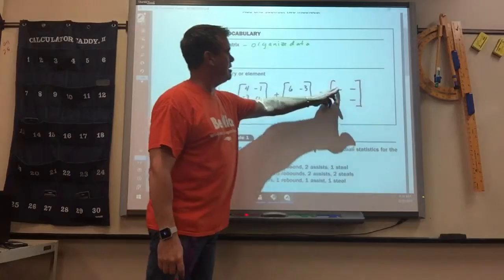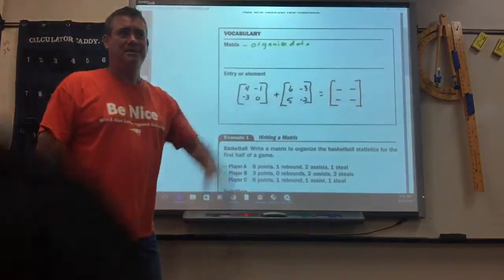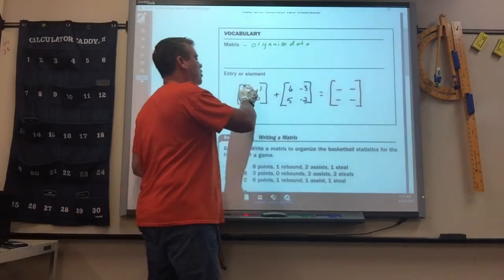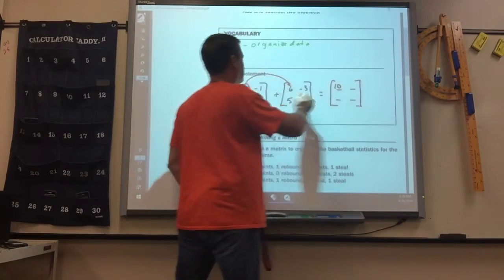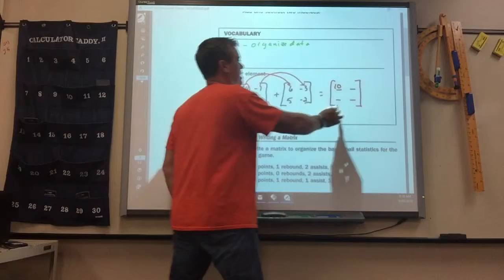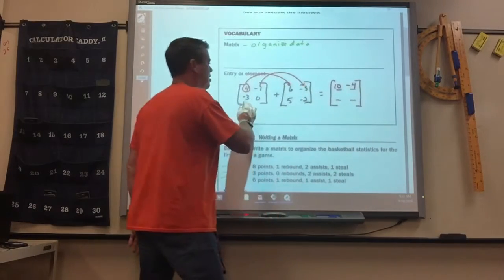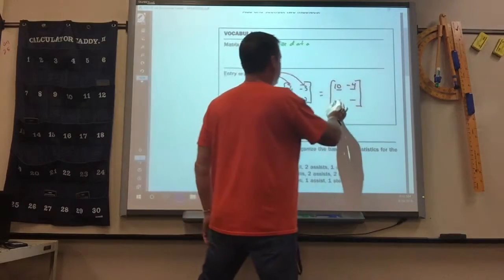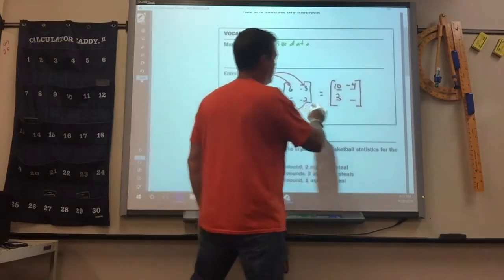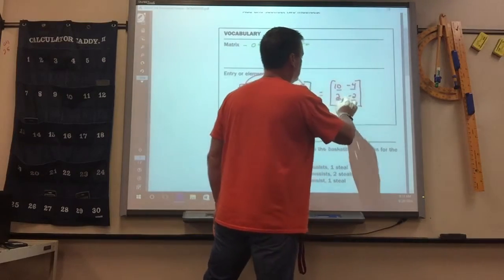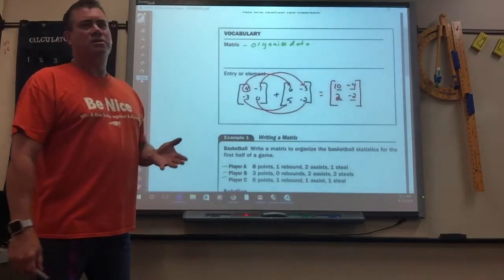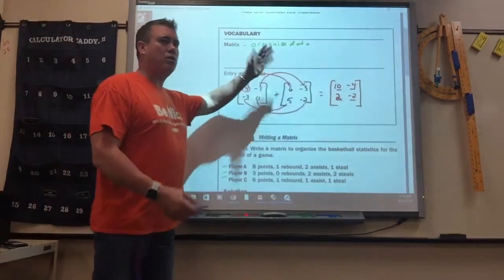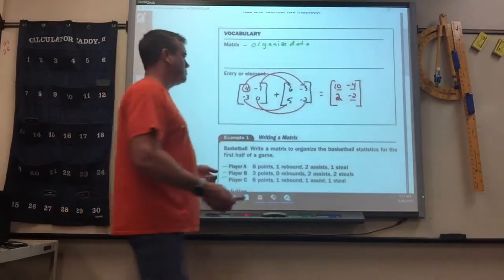Any idea how you come up with this number right there? 4 plus 6. Right, you just add the corresponding positions. 4 plus 6 is 10. -1 plus -3 is -4. -3 plus 5 is 2, and 0 plus -2 is -2. That's easy. Adding and subtracting matrices, you just add every position or subtract every position.